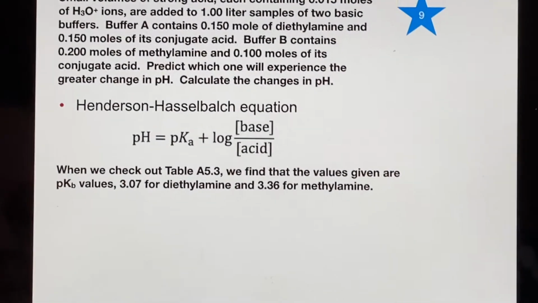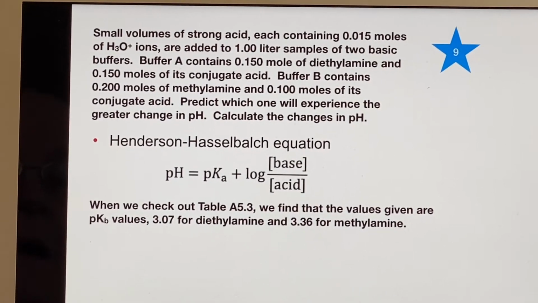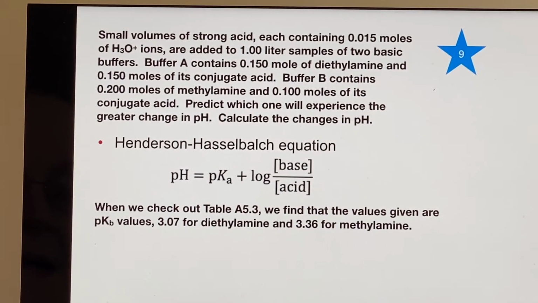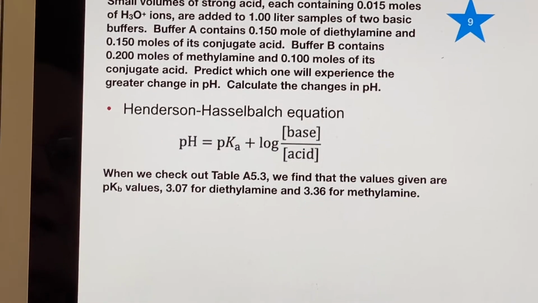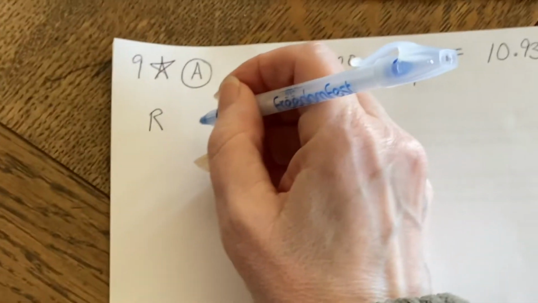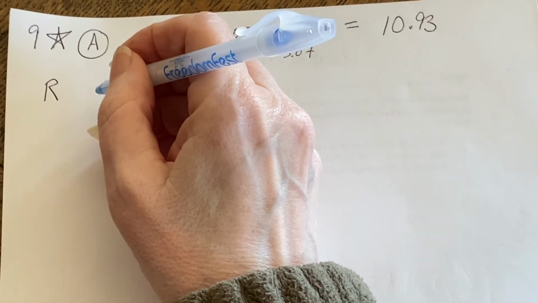What does that mean that I did? It means that I took diethylamine and the conjugate acid and essentially flipped the whole thing. So my reaction is going to start with the acid, not the base.